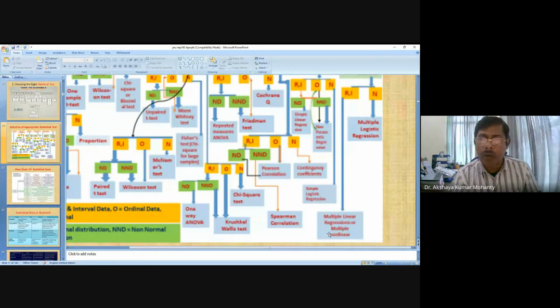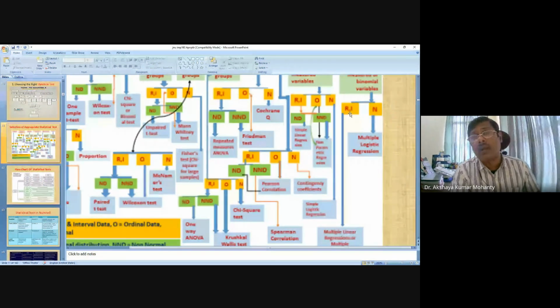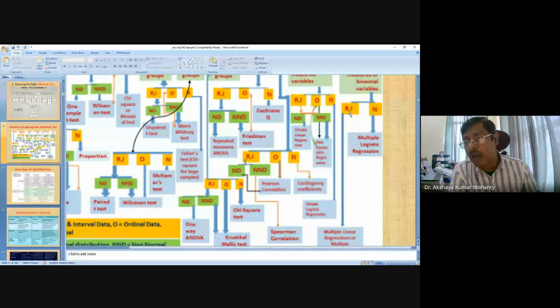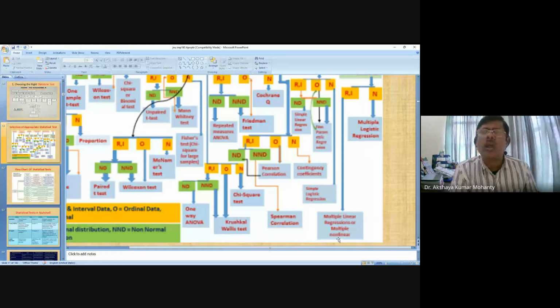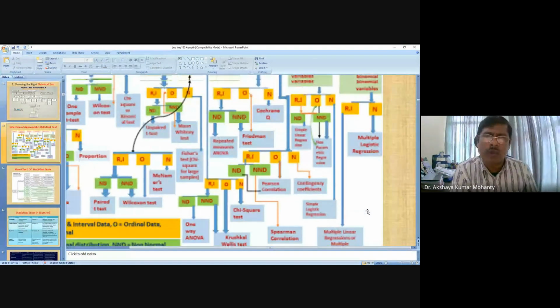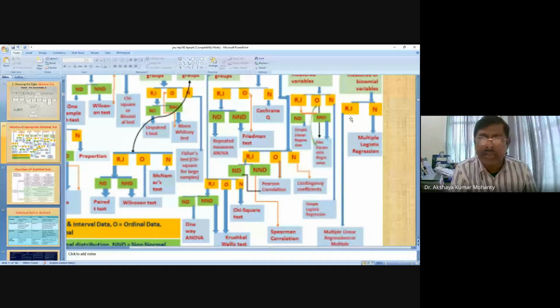When will you use multiple non-linear? If data is not in linear form, that means the highest power should not be 1. The highest power should be more than 1: 1.5, 1.2, 2, like this. Then that will take the shape of multiple non-linear regression. For example, the common example is a log equation, or semi-log equation, or log-lin equation, or lin-log equation.